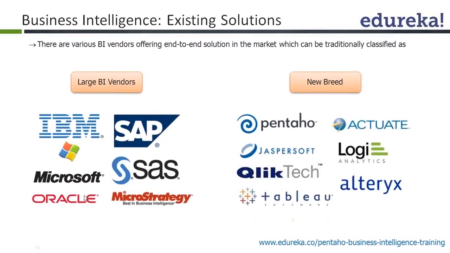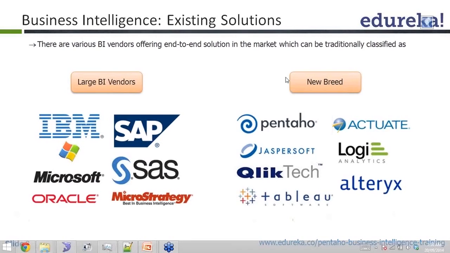Now these are the existing vendors in the BI domain. Oracle is predominantly the largest player. IBM too is a very good player. Other than Oracle and IBM, SAP has a good presence.